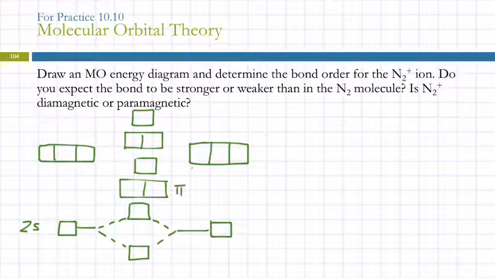So this is pi 2p and sigma 2p and pi star 2p and sigma star 2p.